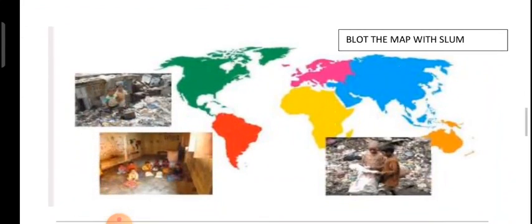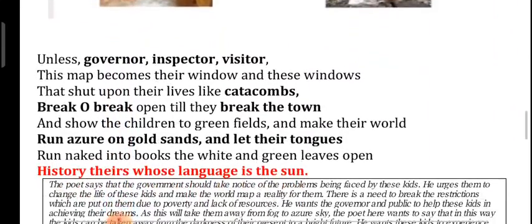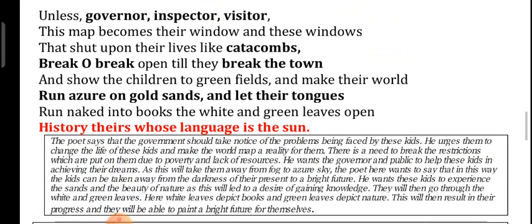So blot the map with slum. The slum area is just a blot on the map which has been prepared by the powerful people. It is just an imposition on these children, because these children are devoid of any kind of facility.